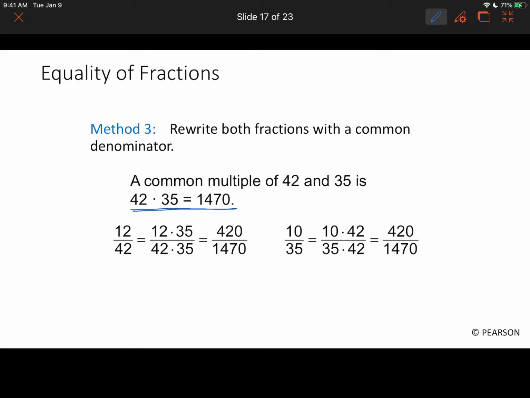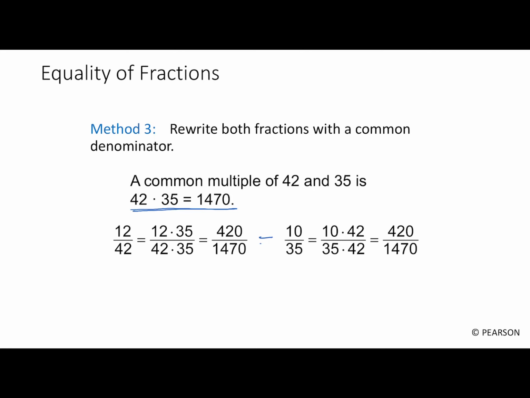And so when I multiply 12 times 35, I get 420 on top. And when I multiply 10 times 42, I also get 420. And so again, I end up with the same fraction, 420 over 1470. And so the two fractions I started with must be equal.